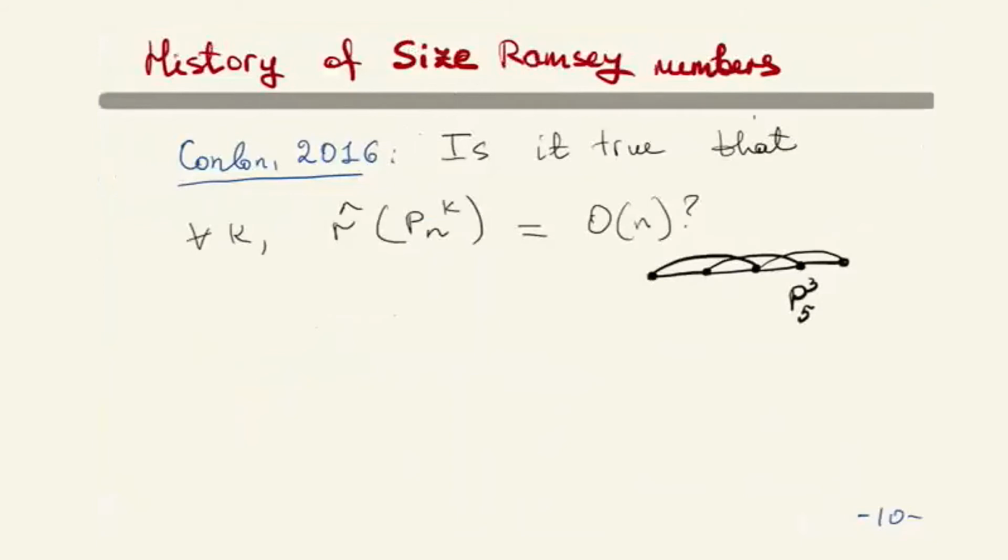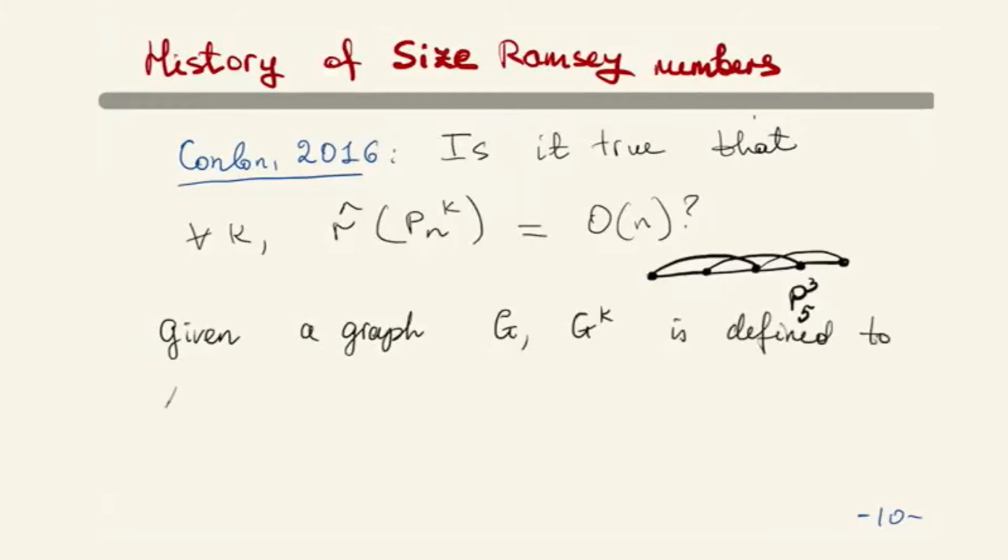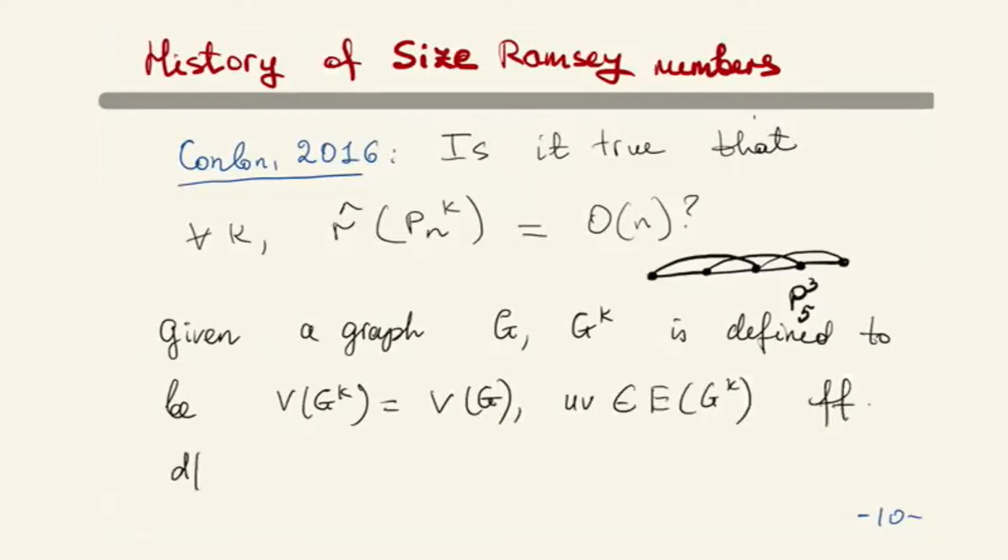If I have a graph G, G to the k is defined to have the same vertex set as G, and two vertices u and v form an edge in G to the k if and only if their distance in G is at most k.